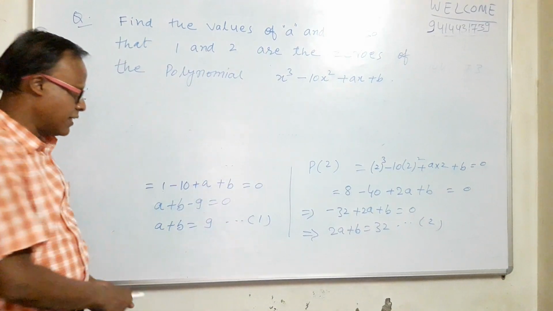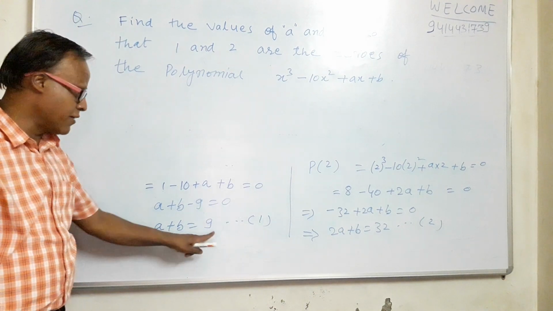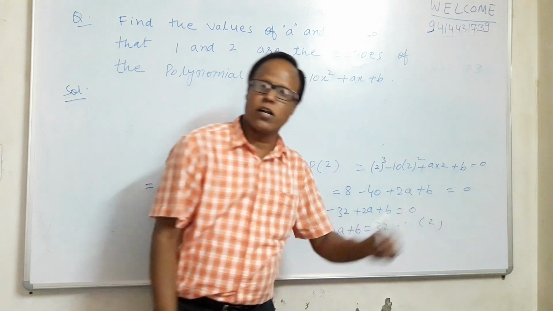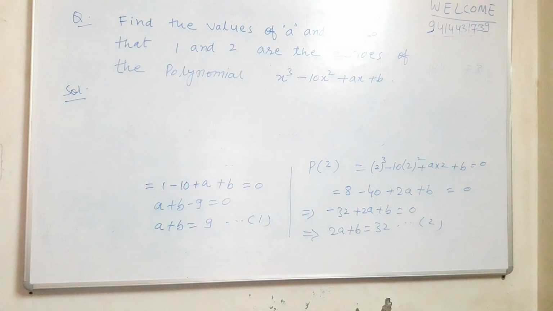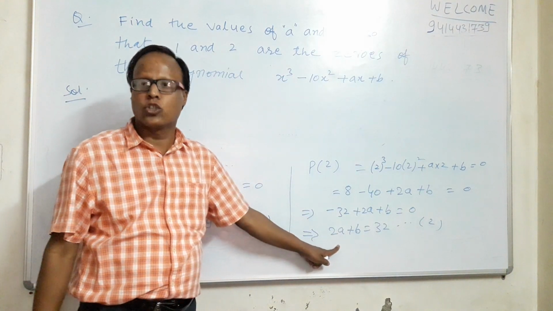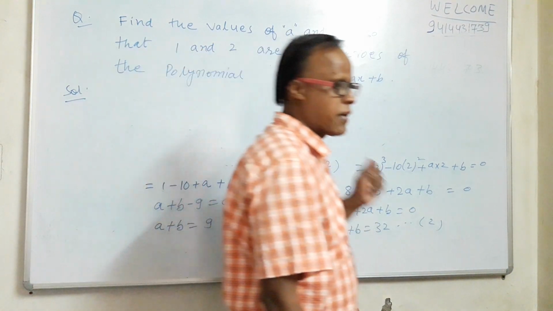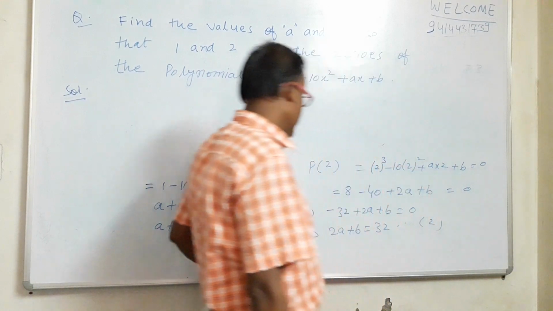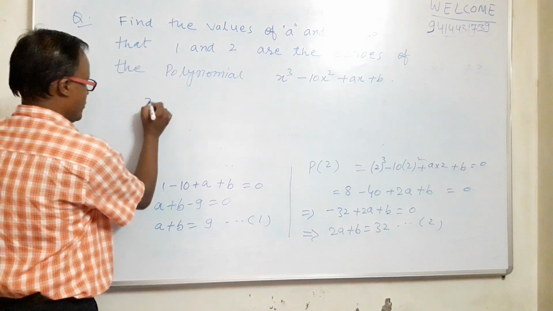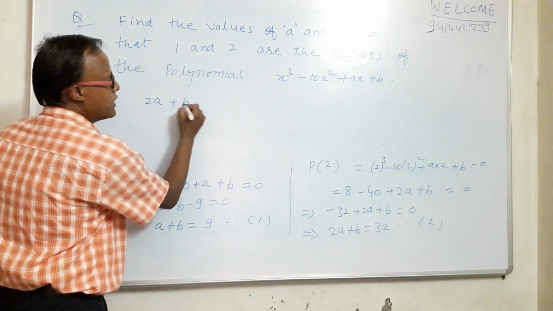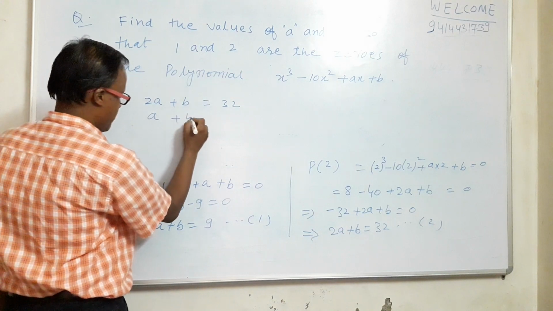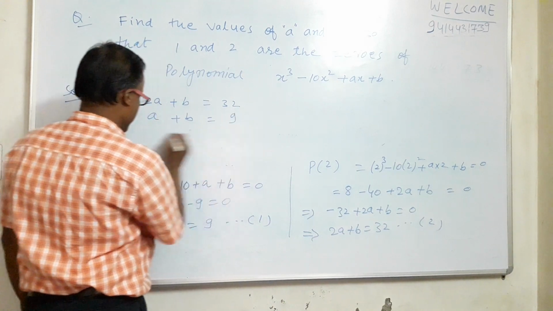See, our equation 1 is a plus b equal to 9, equation 2 is 2a plus b equal to 32. So we write: subtracting equation 1 from equation 2 we get 2a plus b is equal to 32, a plus b is equal to 9.